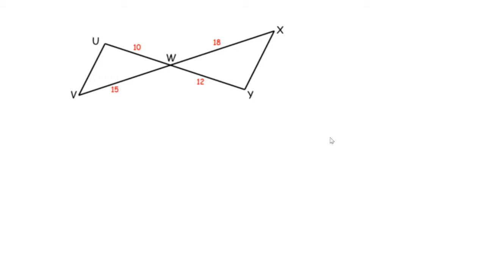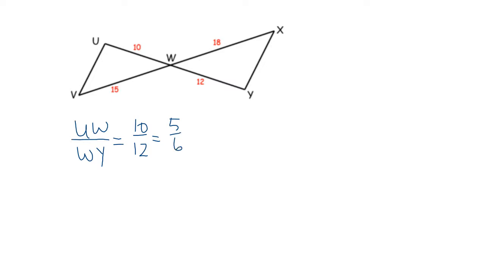So once I compare those, I'm going to set up ratios and see if I get the exact same ratio of sides. So for example, I'm going to do UW over WY, and that's going to be 10 over 12. And that reduces to 5, 6.